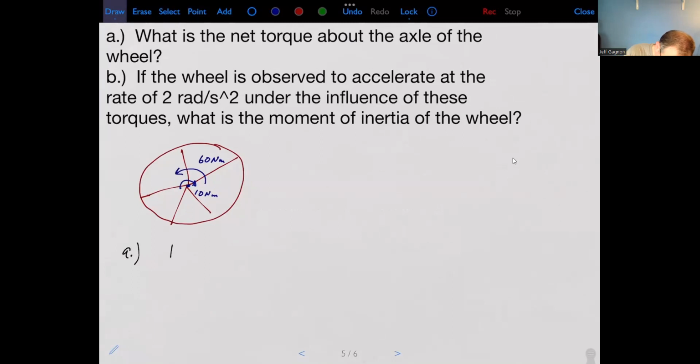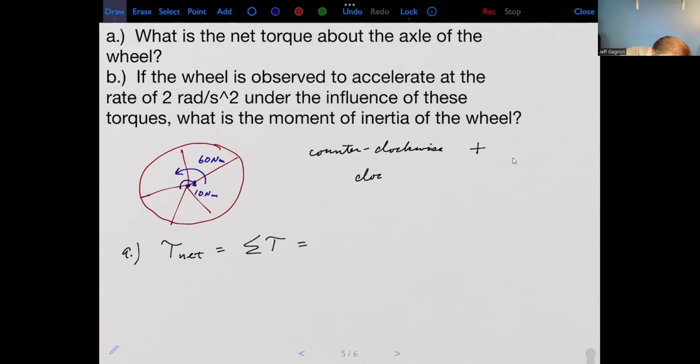Well, remember, the net torque is simply the sum of the torques. And now the sign is going to be important. Remember, if it's counterclockwise, that is defined to be positive, just by agreement.